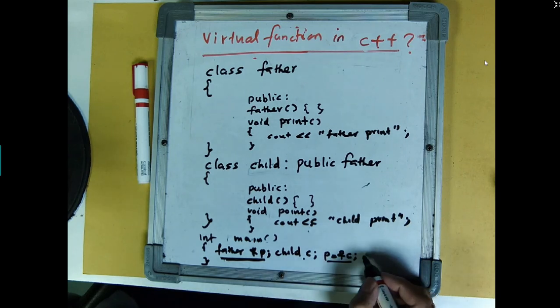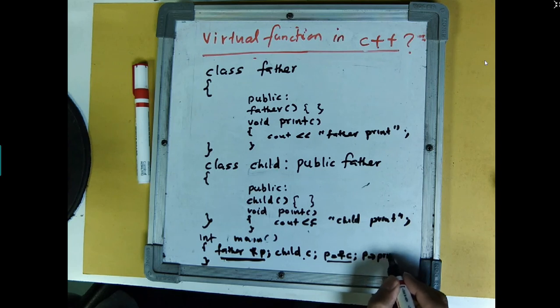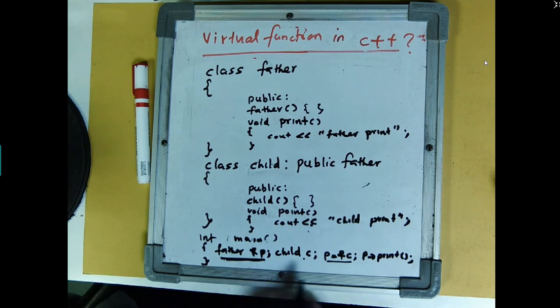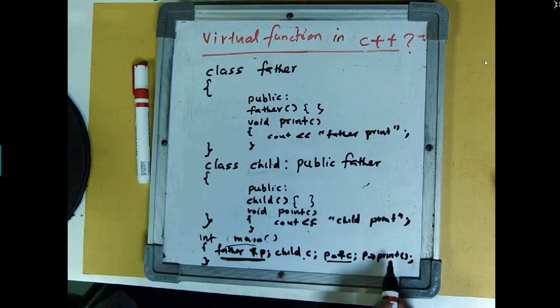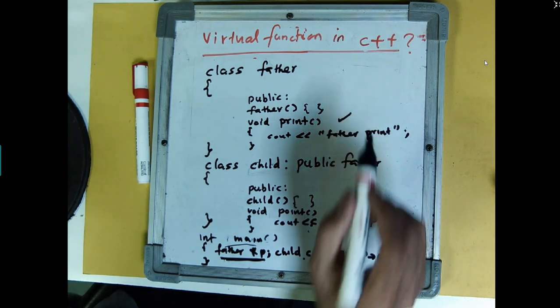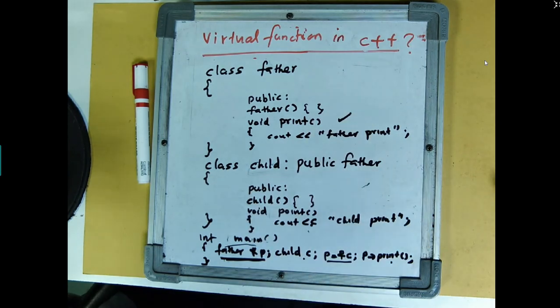Now if I say p print, what would it print? Though it is initialized with child c, the pointer is of type father, so it will print from the father side. So father print will come.